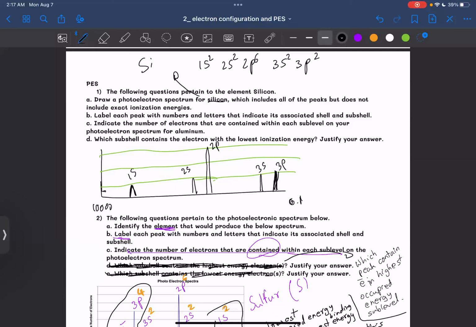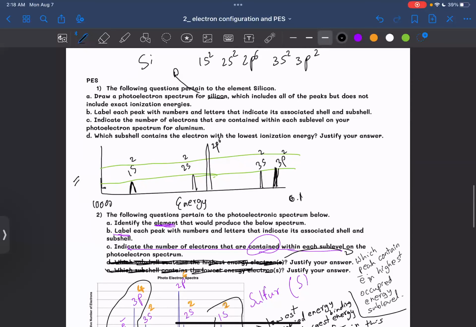Indicate the number of electrons: 2, 4, 6. Actually, I'm going to rewrite that 2p6 really quick. 2, 2. And then of course this bottom is energy, and then this top is number of electrons.